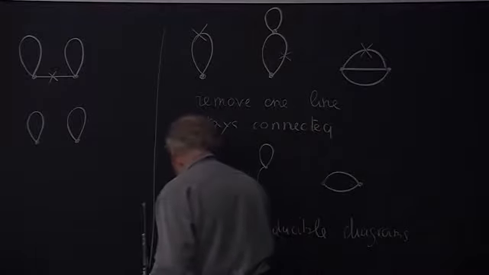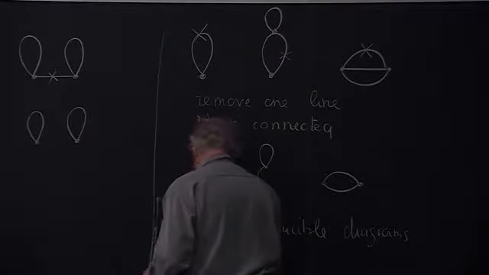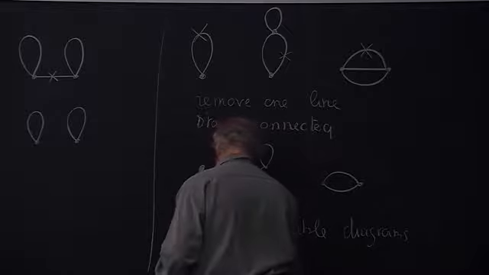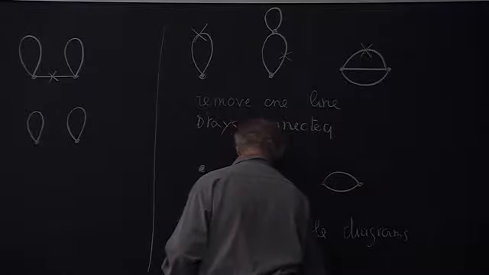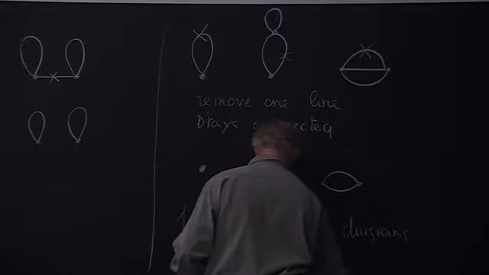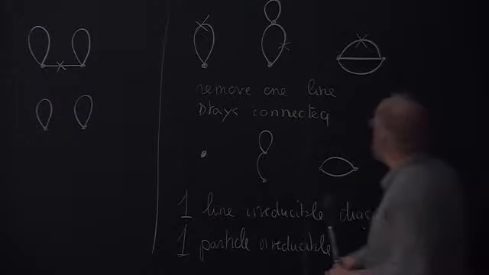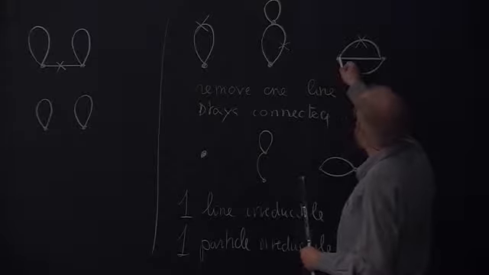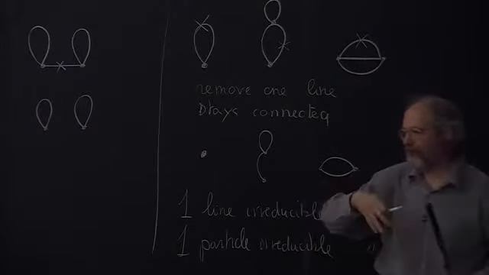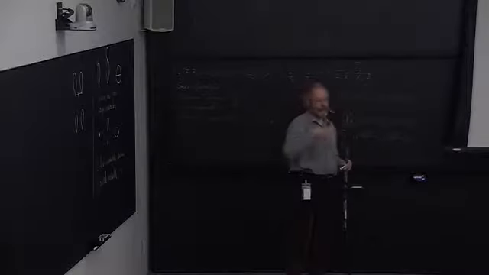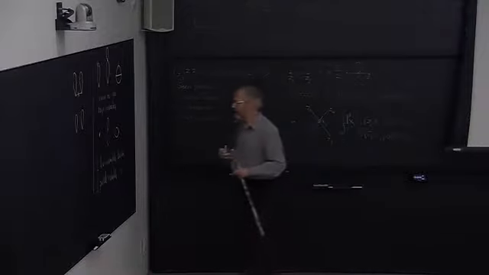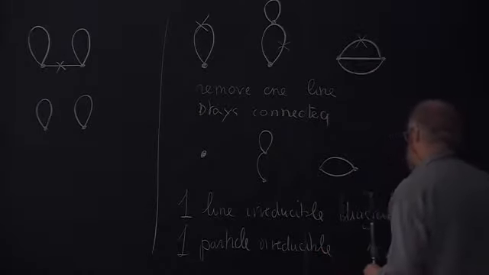Or, in physicist language, one particle irreducible. Particles, because in physics, to a Feynman diagram, a propagator is usually associated with the propagation of one virtual particle in some intermediate process.